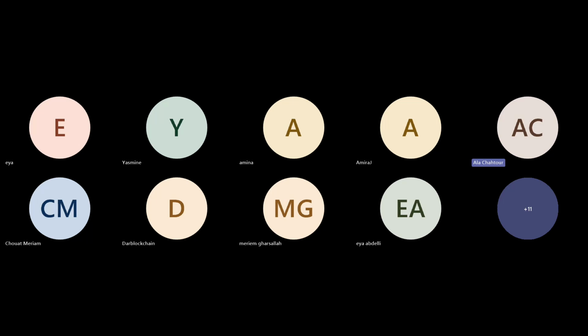Or to correct it, we can say data value transfer, because now, as you can see, we can create tokens, give value to the tokens, and transfer those tokens between us. So that's one of the things that we can do on top of the blockchain.